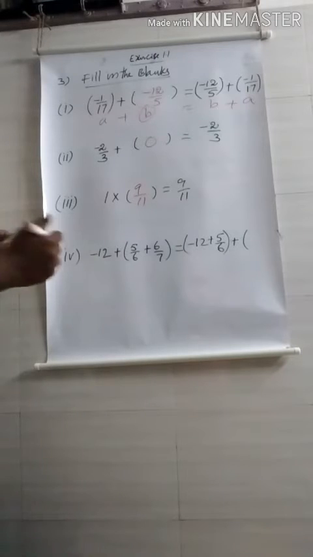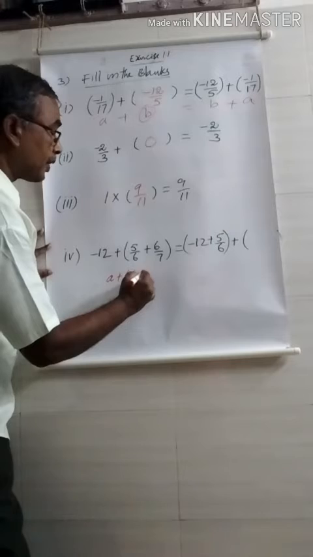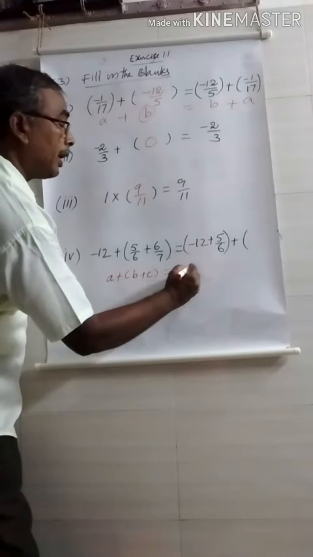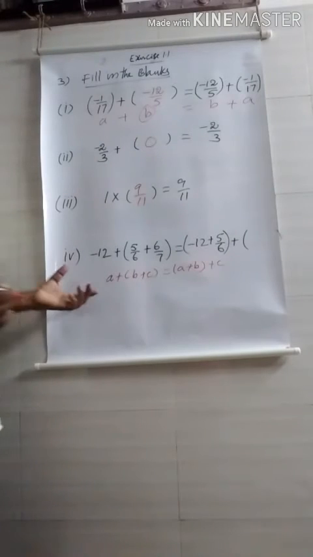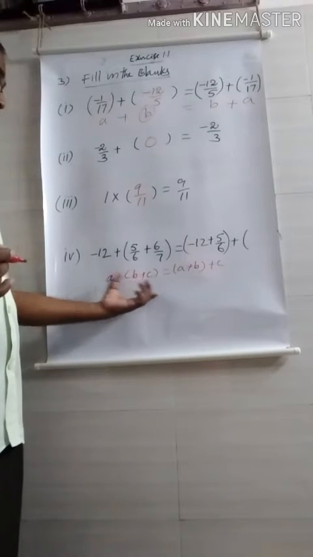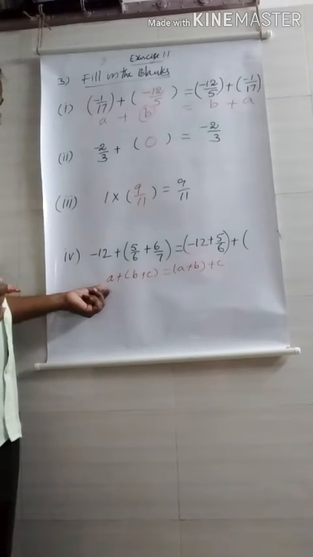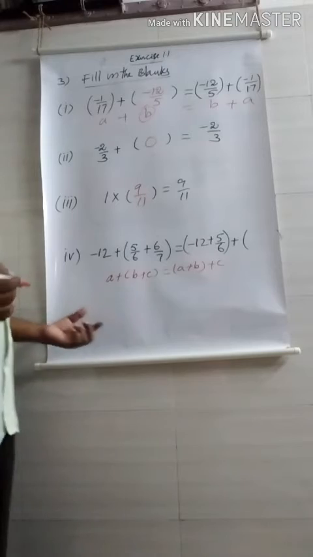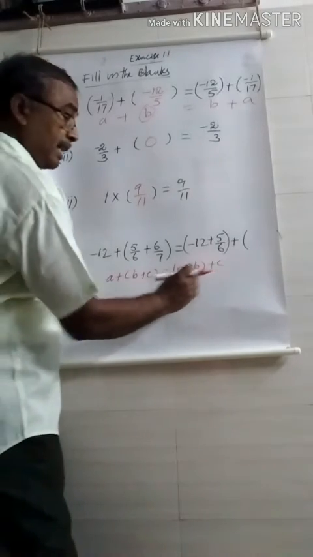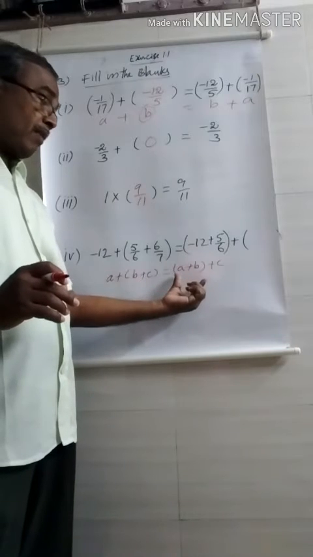What do we know in the associative property? A plus (B plus C) is equal to (A plus B) plus C. You observe what we did here. On the left hand side we kept A alone and summed B and C first. On the right hand side, the first 2 rationals are summed first.